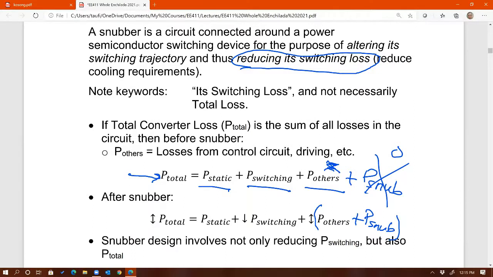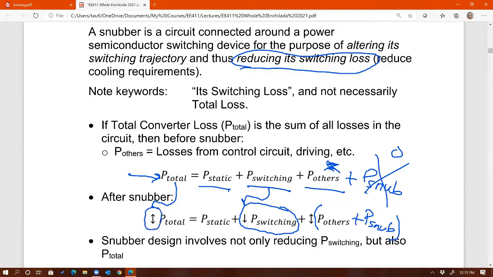After you put in the snubber, the switching loss is for sure going to decrease. That's guaranteed. What is not guaranteed, and what you need to be careful of, is that the total loss could go up or down.